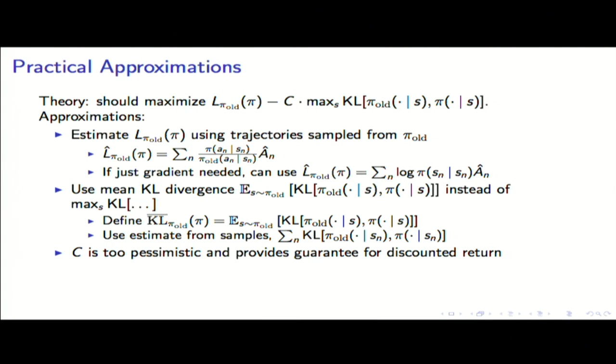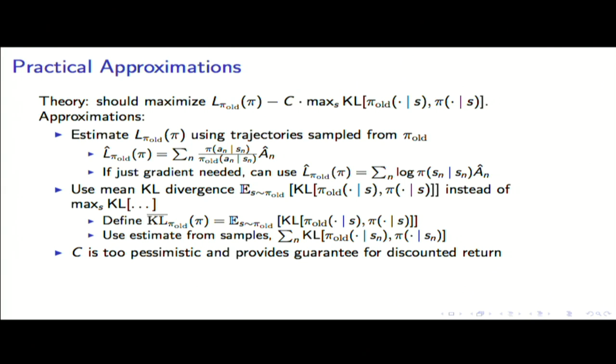Also, the theory results in a certain constant C, but this constant is too pessimistic. It ends up giving you really small steps, and it only provides a guarantee for the discounted return. It guarantees that you're going to improve the discounted return, but we don't actually care about the discounted return anyway. We usually want the discount to equal 1.